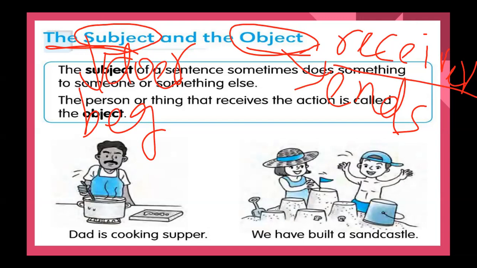For example, see, this house belongs to me. So this house, that's the subject. Belongs is the verb over here. To me, me over here is the object. Now, let's see some more sentences.